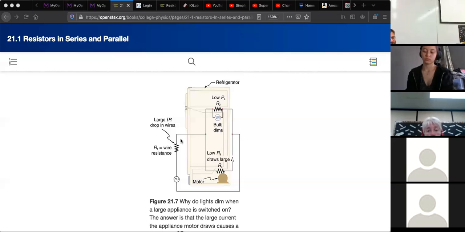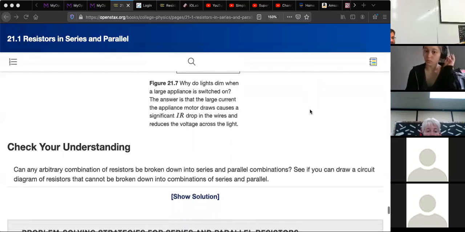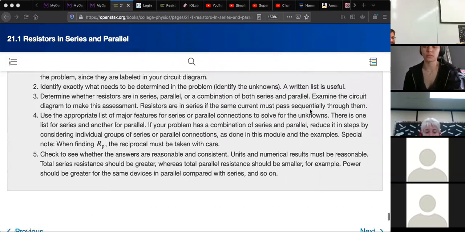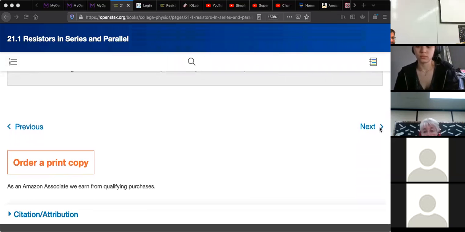But each circuit is usually in parallel with the other circuits so that you can provide the current directly. But you want to be careful how many you put onto here, because if you draw too much current, then other things that are connected to the same circuit can't draw the same amount of current. So it's kind of what they're trying to illustrate there.